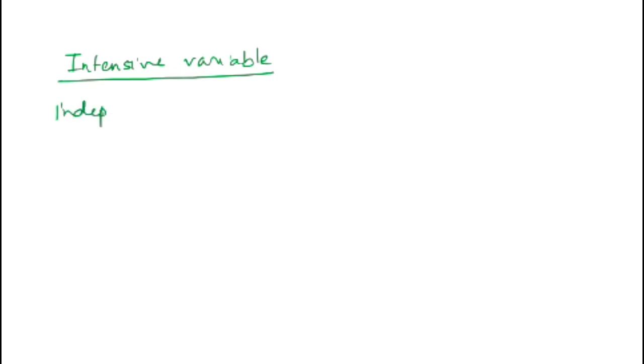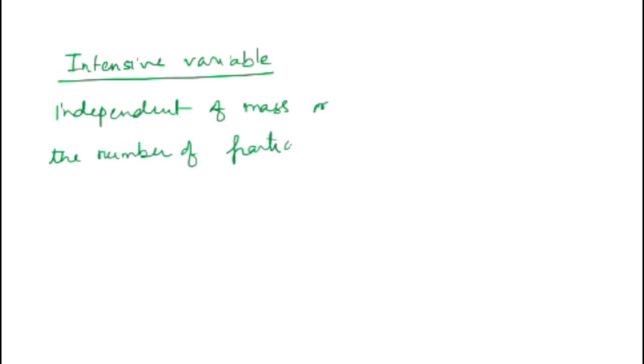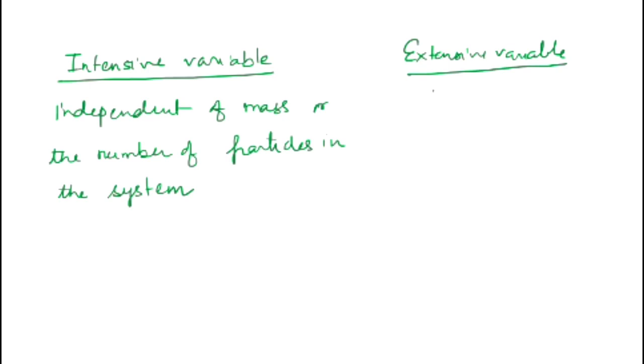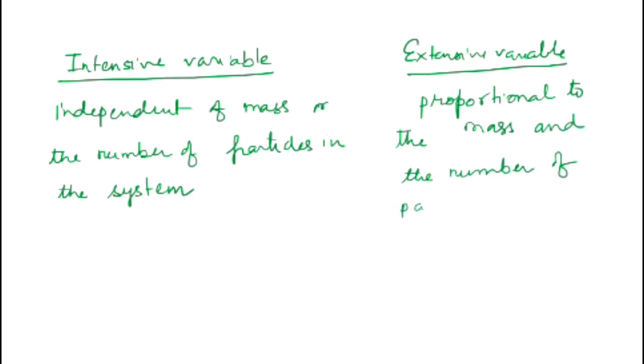Therefore, intensive variables are those variables of a system which are independent of its mass or the number of particles present in the system, whereas extensive variables are those variables which are proportional to the mass and to the number of particles present in the system.